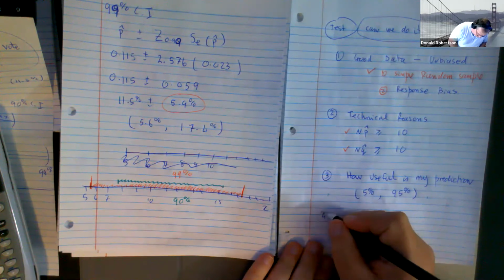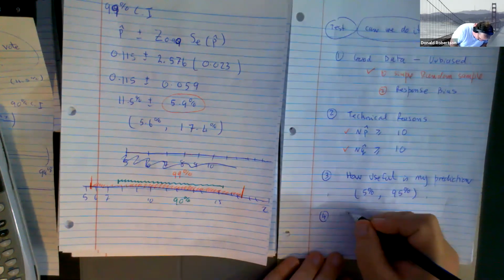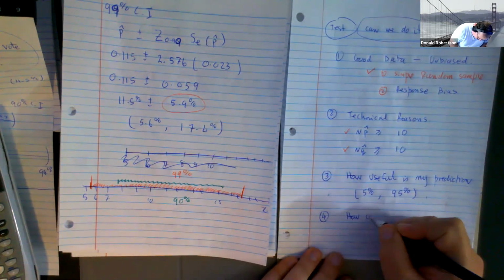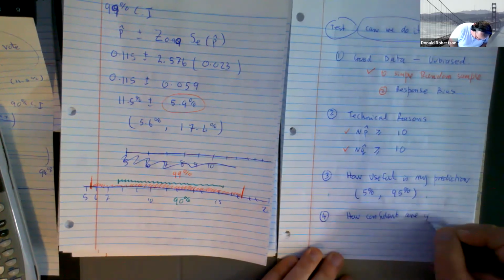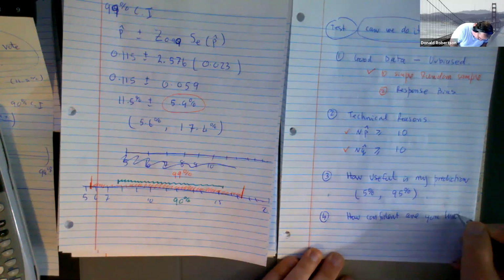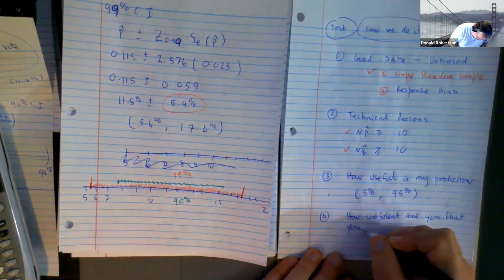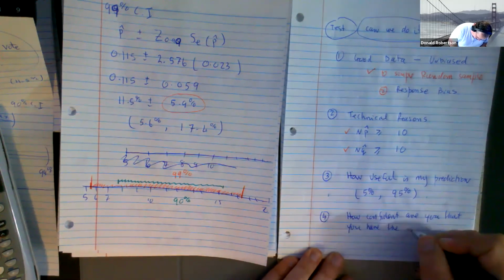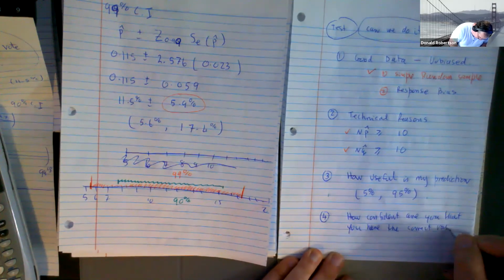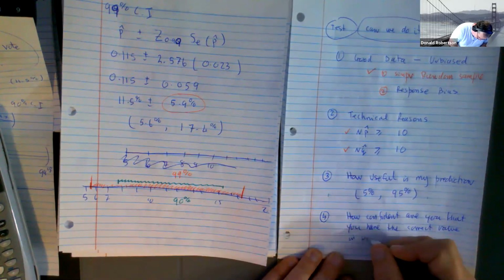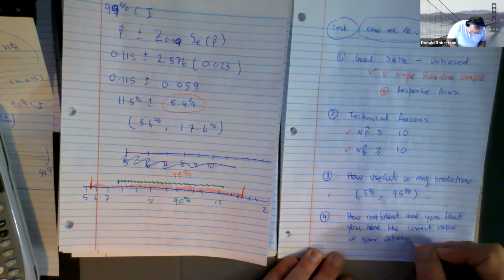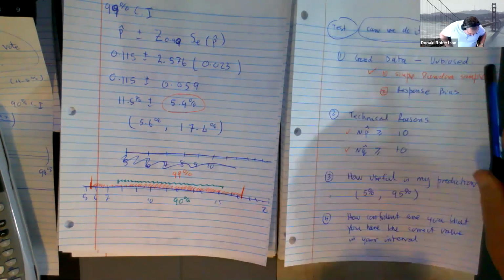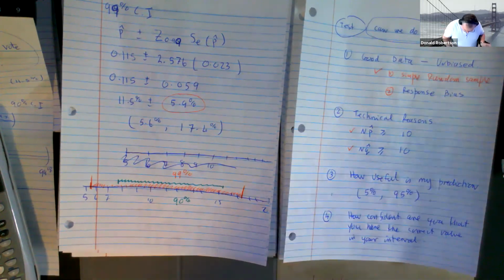And the last thing that we want to look at is how confident are you that you have the correct value in your interval. Now, this one doesn't depend on sample size or anything else.